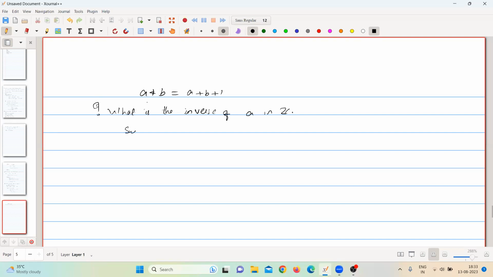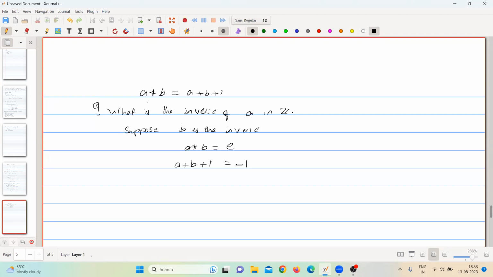Suppose B is the inverse. Then A star B should be equal to the identity. Now, what is A star B? A plus B plus 1. And what is E here? Can anyone say? Minus 1, ma'am. Yeah, under this operation, minus 1 is E.